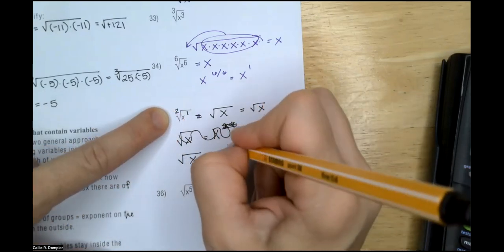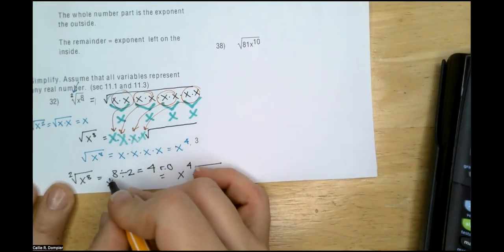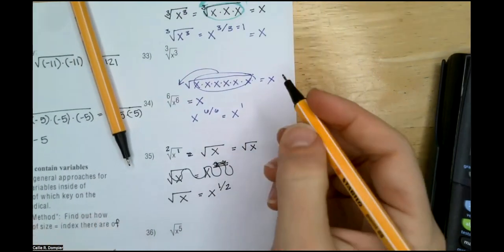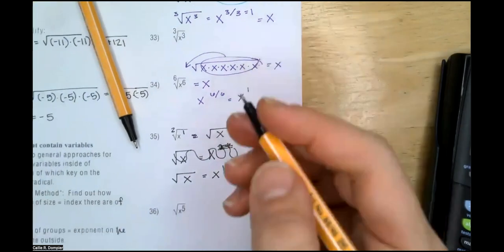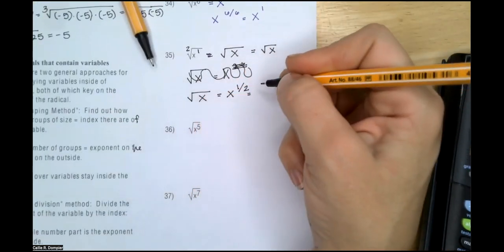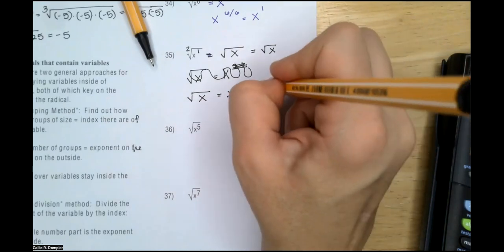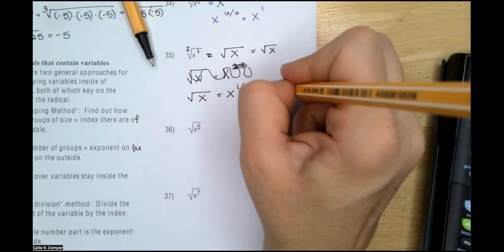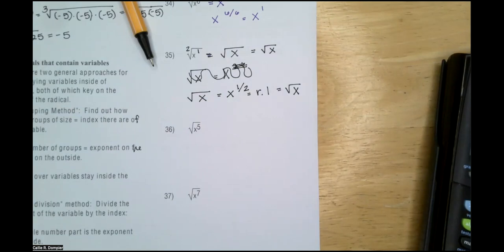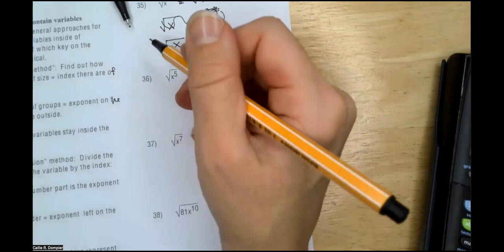Take your exponent divided by the index. Can't tell here because they're both the same. Take the exponent divided by the index. It doesn't give you any whole numbers, and it gives you a remainder of 1. And the remainder is what stays under the radical sign.